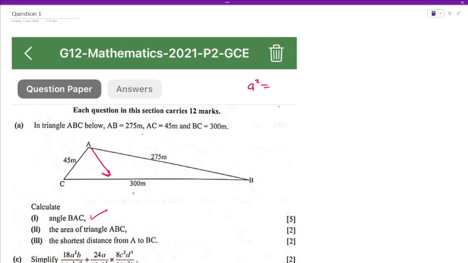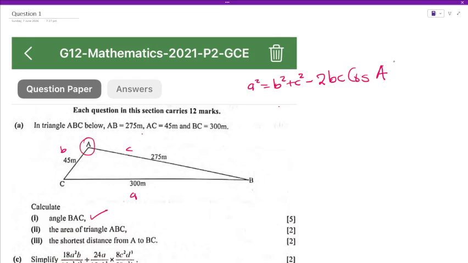This side will be named A, the side opposite angle C will be named small letter C, the side opposite angle B will be small letter B. Meaning our formula will then be A squared is equal to B squared plus C squared minus 2BC cos A.